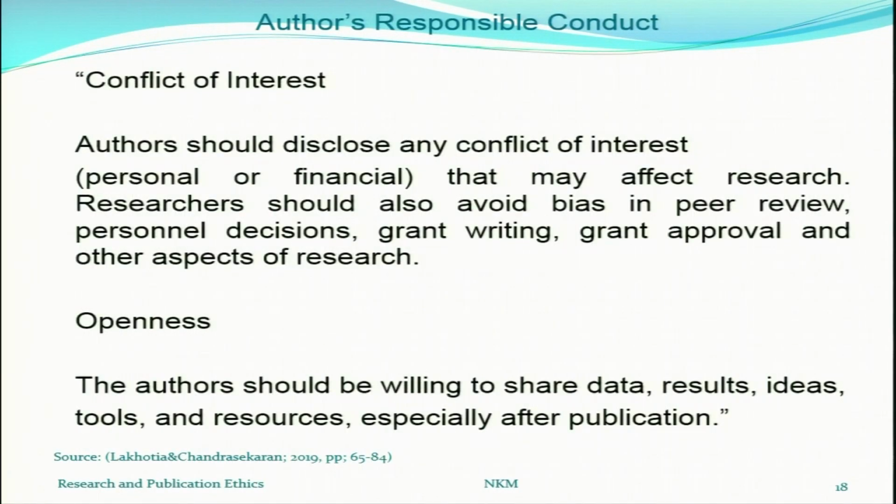Further, the author has this responsibility to avoid any conflict of interest. So the author should disclose if there exists any conflict of interest amongst the authors or with any financial or funding authority. So the author has to be very clear.